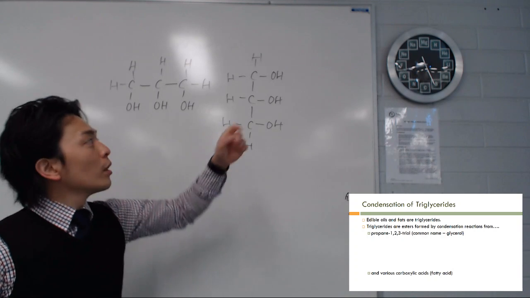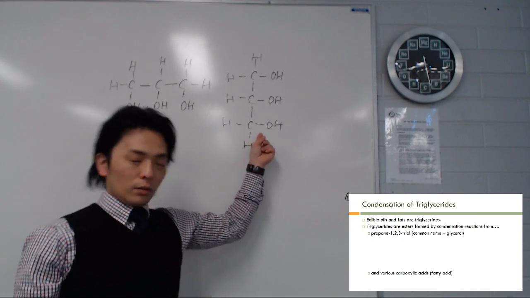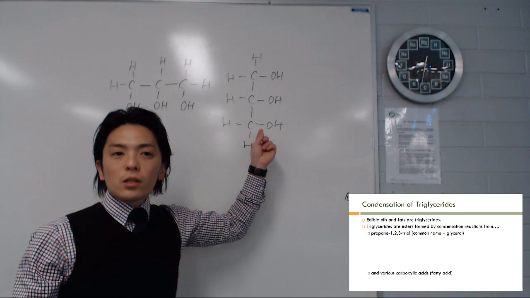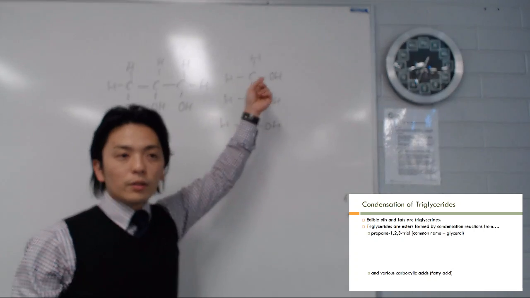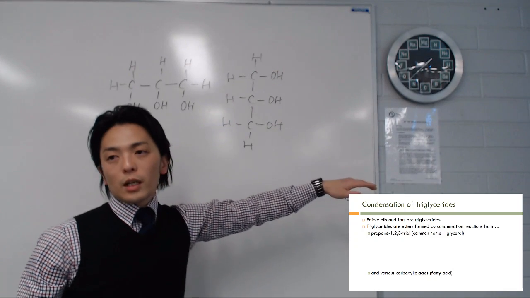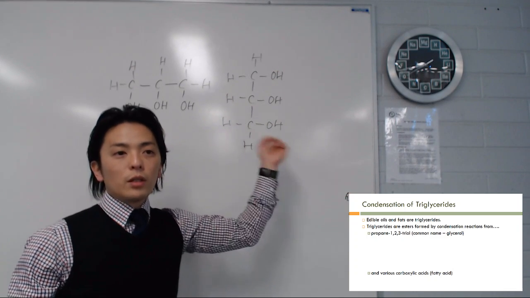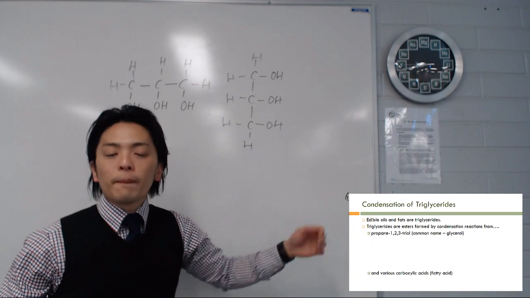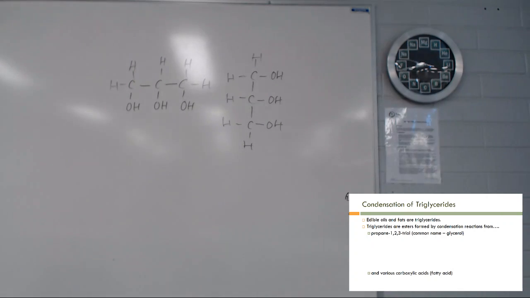This 1,2,3 propane triol has got 3 alcohol functional groups here. So if you had 3 different carboxylic acids, they'll make 3 different ester links. So you need various fatty acids.